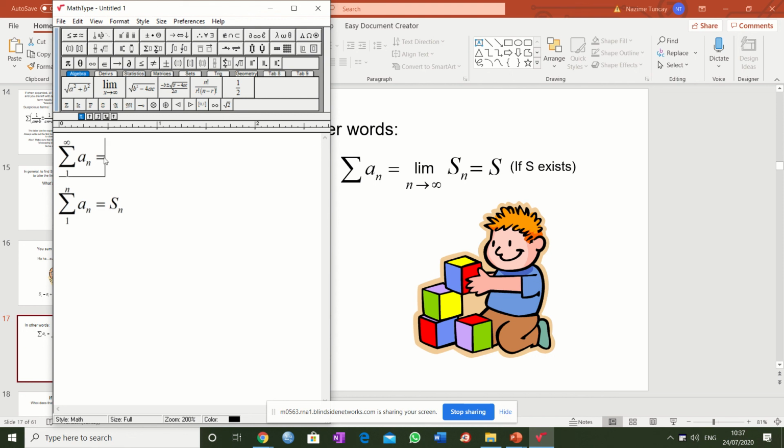But here it is an infinite series. And here we can write the limit as n goes to infinity of Sn.